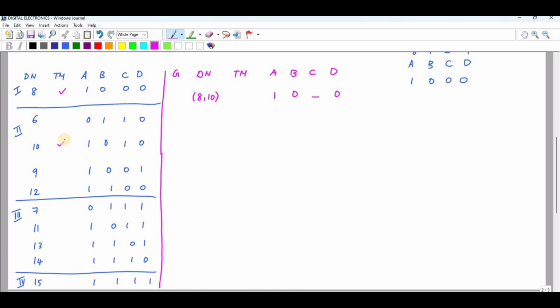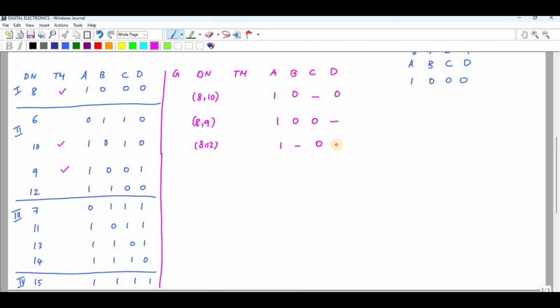Next you can check 8 comma 9. If you check 8 comma 9, it is 1 0 0 dash. Next, 8 comma 12. How to write 8 comma 12? 1 dash 0 0.